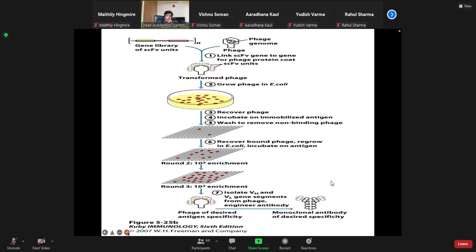But eventually, unless you come up with a combination therapy, it becomes difficult. That is why the field of cancer biology or cancer immunology is difficult to deal with. A lot of people are still dying of cancers.